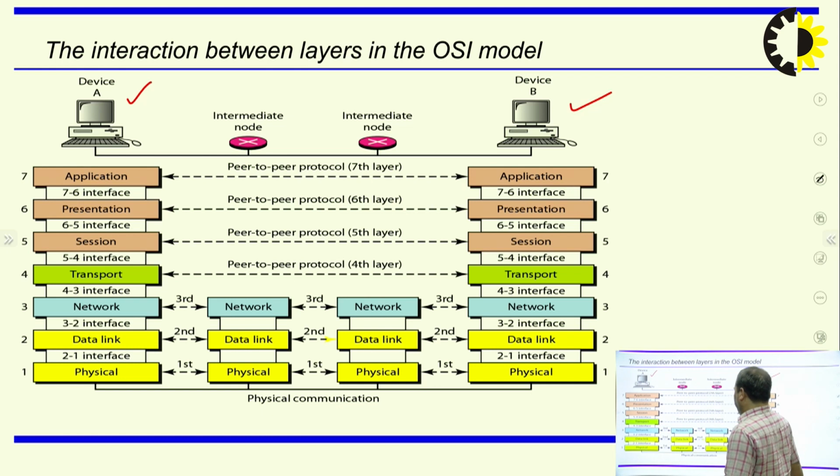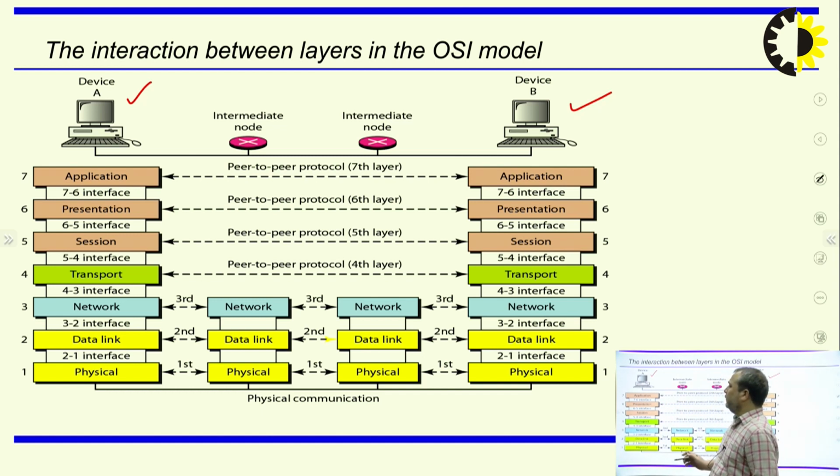Suppose the user types some message. For that there must be some interface, and that interface will be at the application layer. There is some kind of browser or whatever, some interface, and that is called the application layer. What protocols are involved is in the application layer.